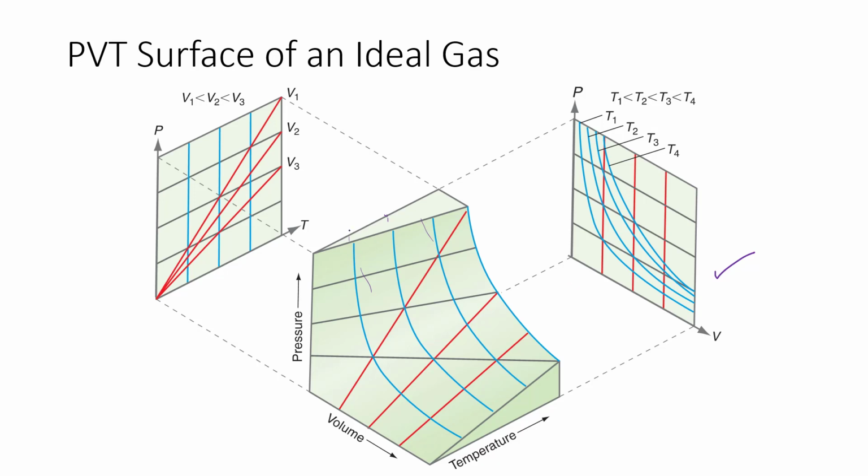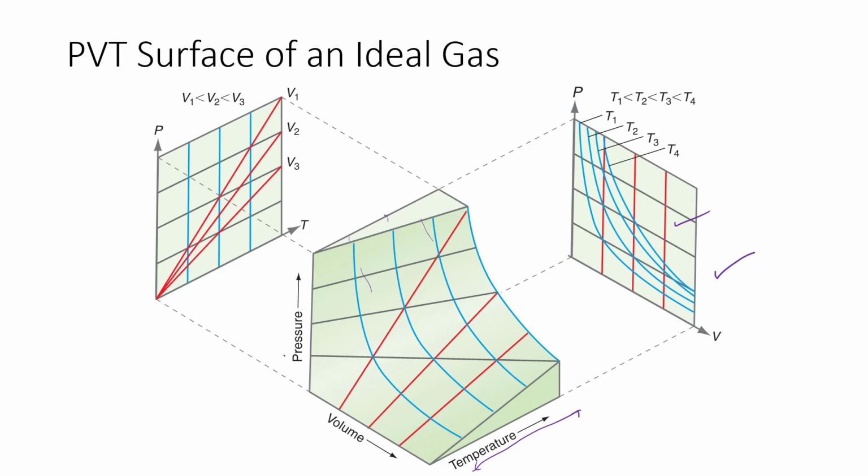So each cross section will give us one plane for one temperature, and if we just overlap them, we get a bunch of isothermal curves. Or you can say that if you squeeze this plane along this temperature axis, pressing it into one plane, then you will see this kind of PV plane.